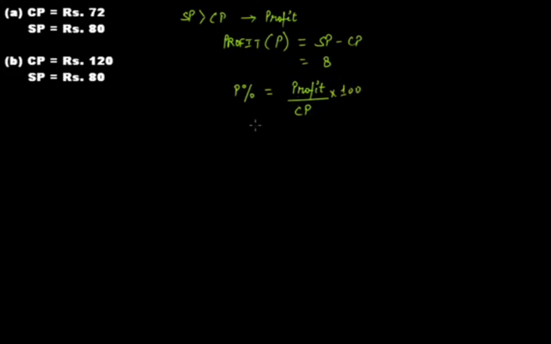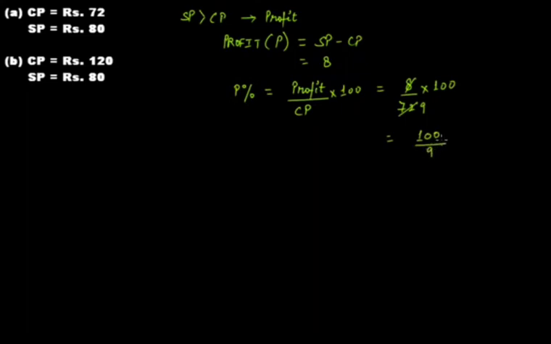Remember this formula we have just discussed in our previous slide. Profit over cost price is how much? 8 over 72 times 100. This is how much? 8 times 9 is 72, so this is 100 over 9.